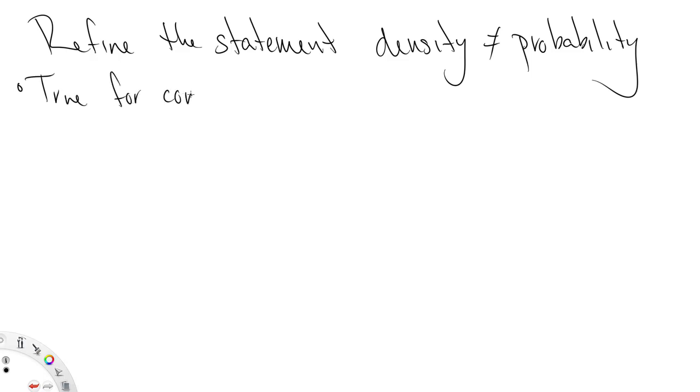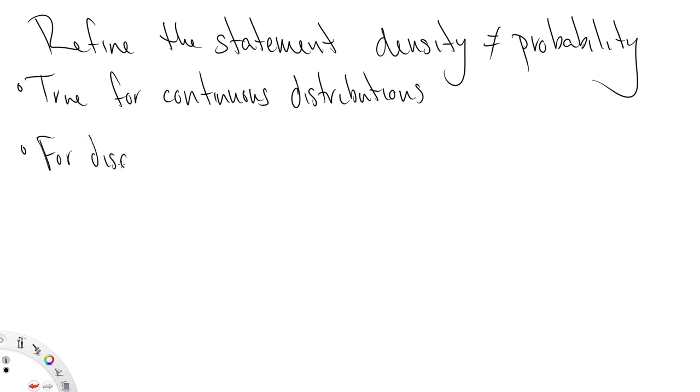True, this statement is true for continuous distributions. We drew pictures to represent that, so I won't rehash it here again. But, and here's how we're going to modify this.